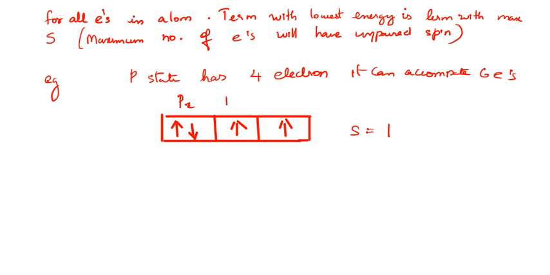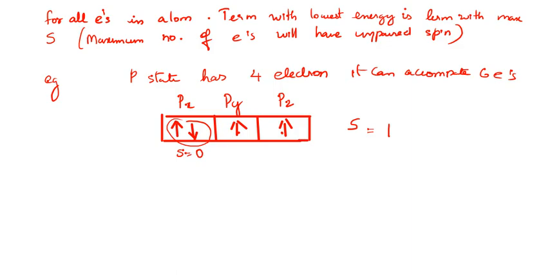There are 3 states. The first state will be paired, then this px spin quantum number will become 0, and the other two will result in S equal to 1. This is the type of filling in the atom's orbitals.